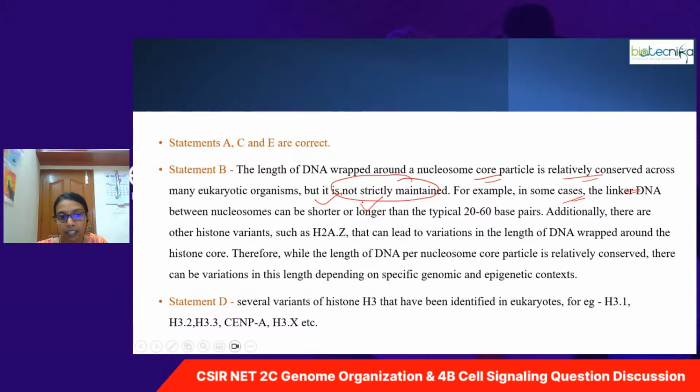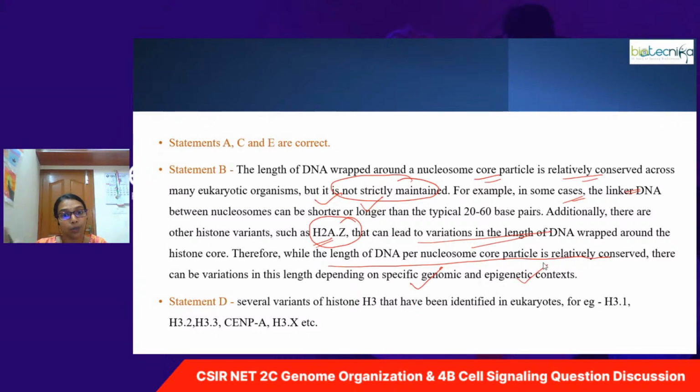Additionally, if we go for the histone variants like H2A.Z and all, that could cause variations in the length of DNA. So even though the length of the DNA per nucleosome core particle can be said to be conserved, again, it depends upon the genomic and epigenetic context.